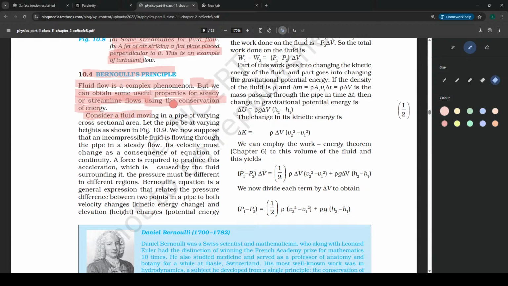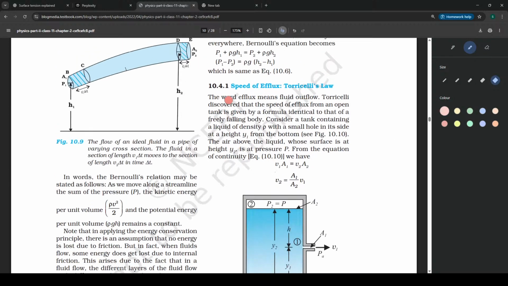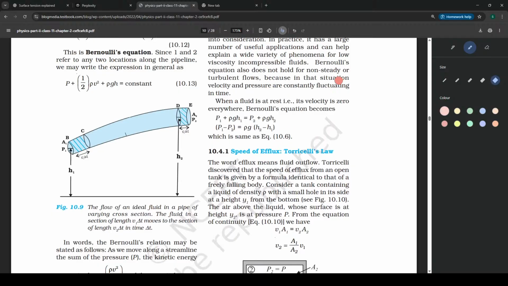If we consider a fluid moving in a pipe of varying cross-sectional area, let the pipe be at varying heights as shown in figure 10.9. This figure shows the flow of an ideal fluid in a pipe of varying cross-section.